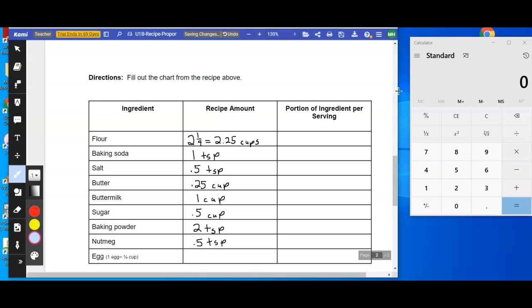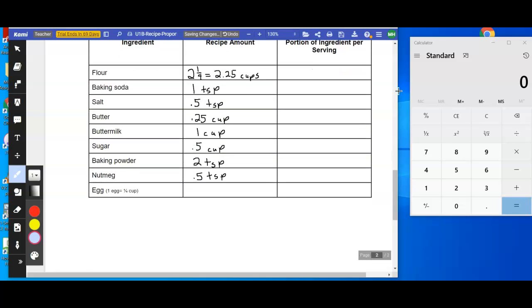And an egg is, now here in the spreadsheet, this little table tells me that 1 egg is the same as 1/4 of a cup. So since I just need 1 egg, I'm going to write 0.25 cups of egg.